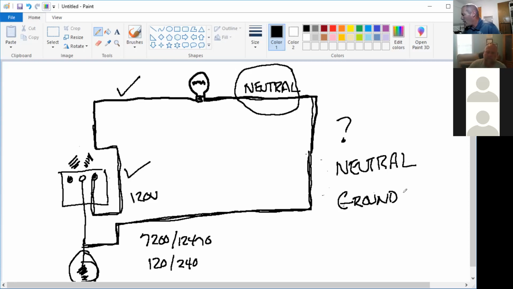Ground is the actual earth ground. It's a ground rod or a piece of copper wire. Sometimes you just ground a pole with a piece of copper wire coiled up at the bottom.